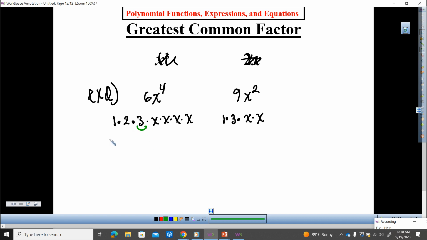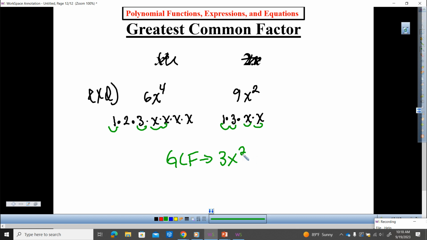A 3, a 1, what else? And 2 x's. My GCF is 3x to the second. Okay? All right?